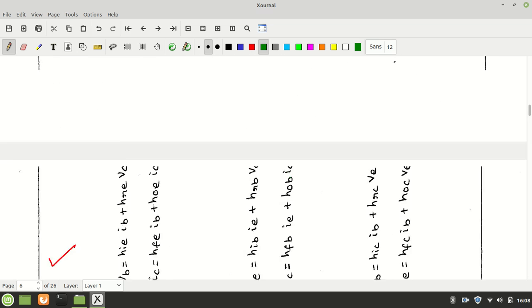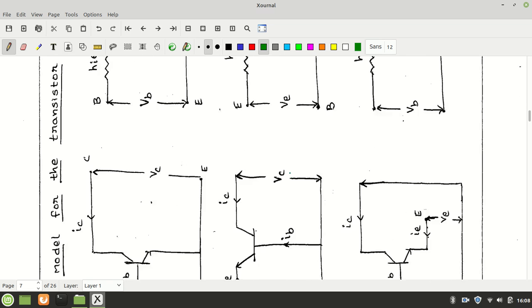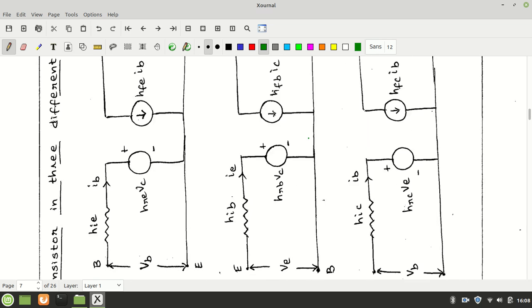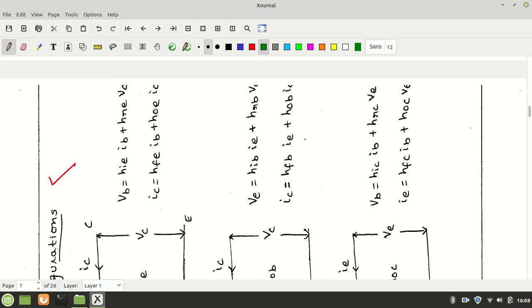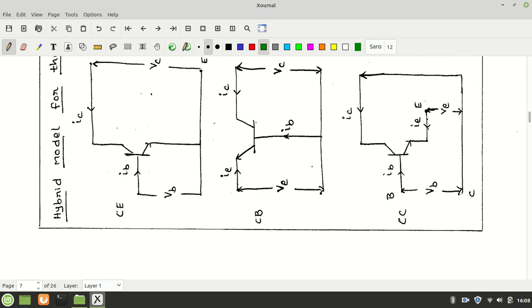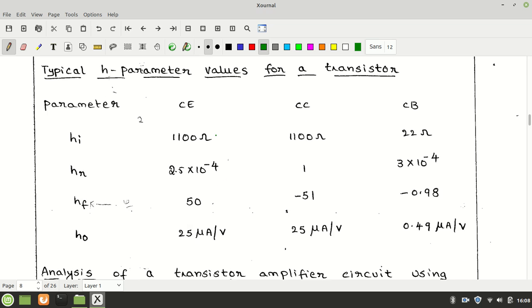Similarly you can write all the modes using all the circuits, that is CE, CB, CC. All the KVL and KCL equations can be written with respect to the corresponding connections, whether common emitter, common base or common collector. Typical H parameter values are written here for all the connections.